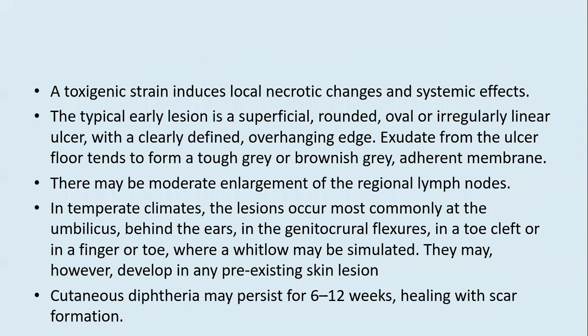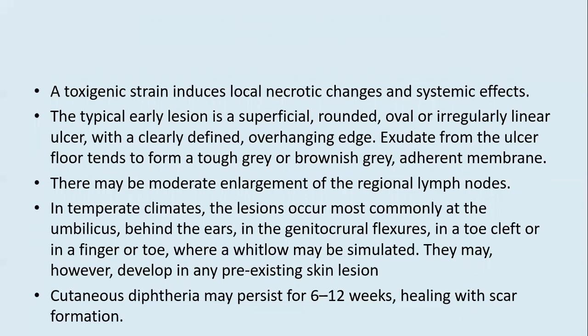A toxigenic strain of Corynebacterium diphtheriae causes this cutaneous diphtheria, which is a local necrotic change, typically characterized by a superficial, rounded, oval, or irregular linear ulcer with clearly defined and overhanging edges. Exudate from the ulcer floor tends to form a tough gray or brownish-gray adherent membrane, like we see the membrane in the oral mucosa.